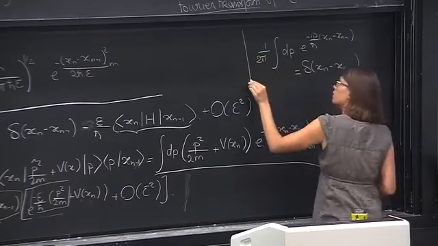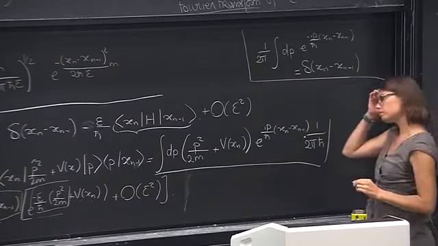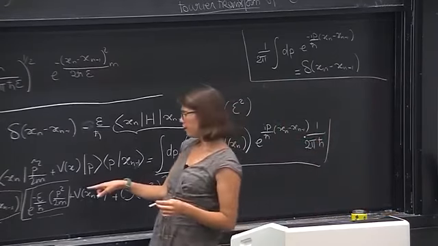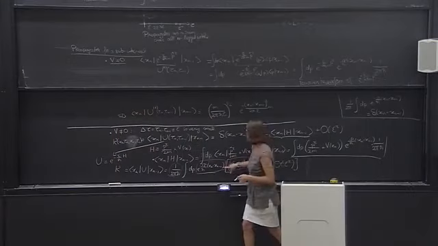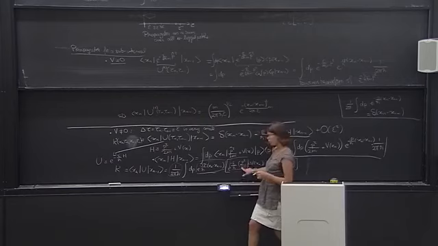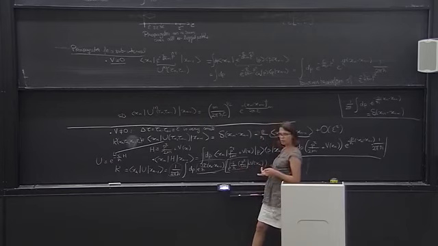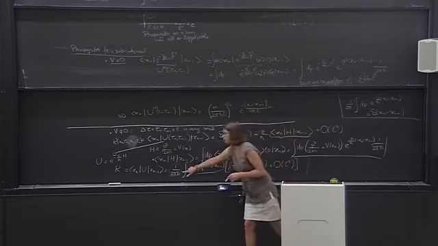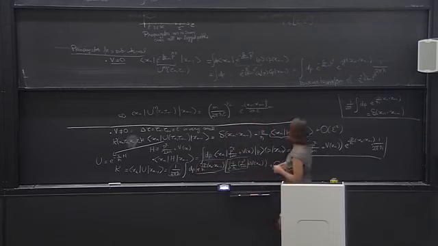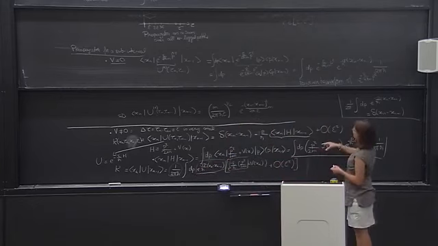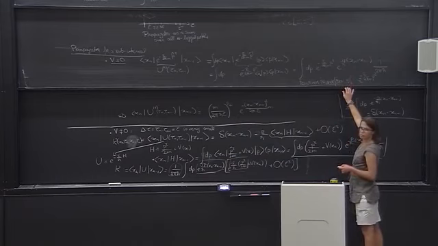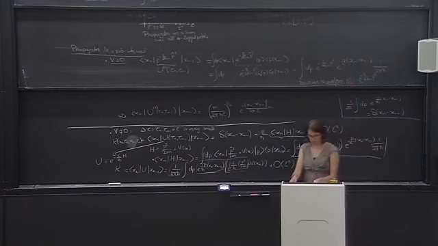And why am I interested in writing it this way? It's because now everything is an exponential, and I can recognize this term times this term. This is independent of p, so I can put it outside my integration, because the integration is just over p. So what I'm computing here is exactly what we just did for when V is equal to 0.